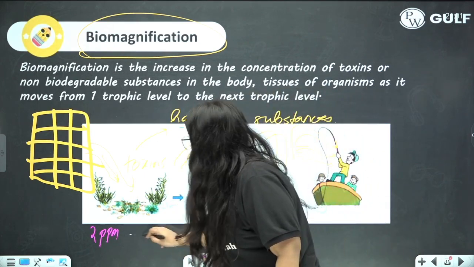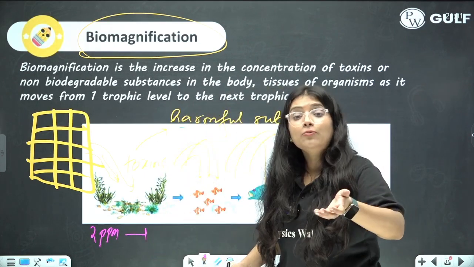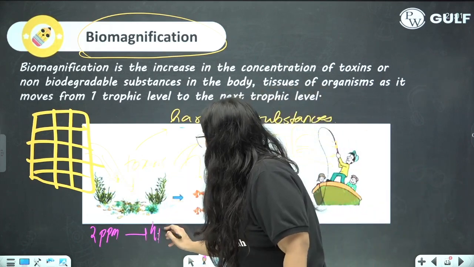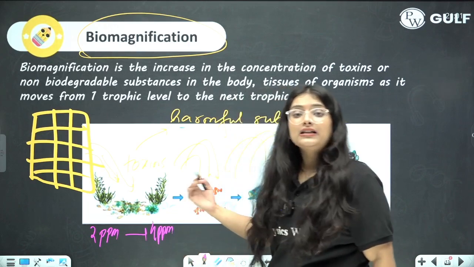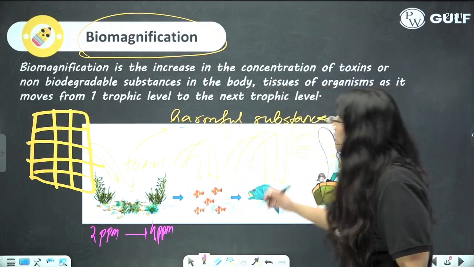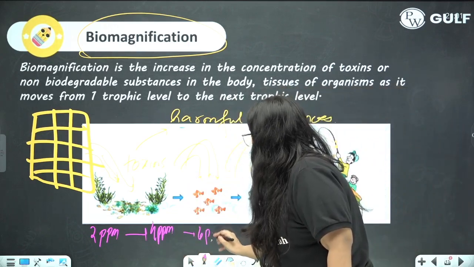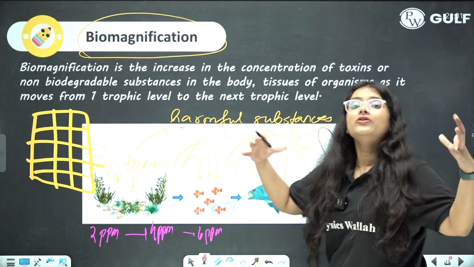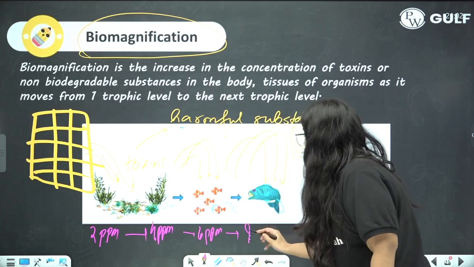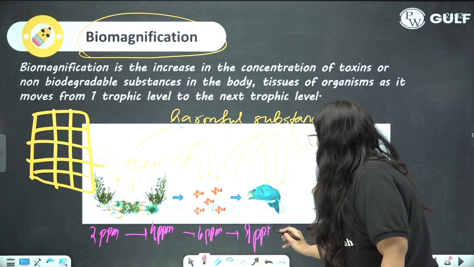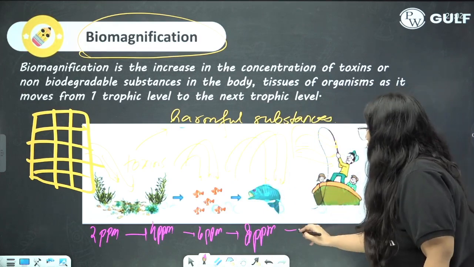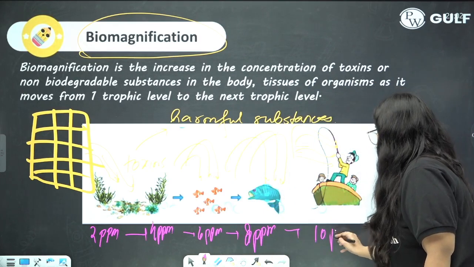Then the zooplanktons will have a little bit more because they feed on a lot of phytoplankton. Suppose they have 4 ppm. ppm means parts per million. Then the small fishes will have even more because they are feeding on a lot of zooplanktons. The large fish feeds on a lot of small fishes. So again, the toxins will increase in the large fish and they will subsequently increase in the humans as well.